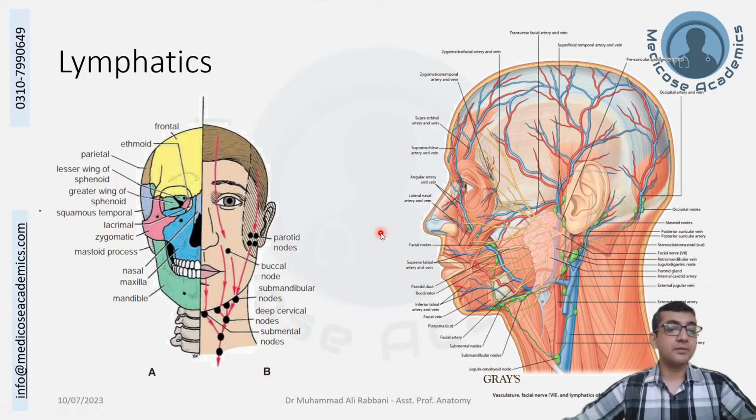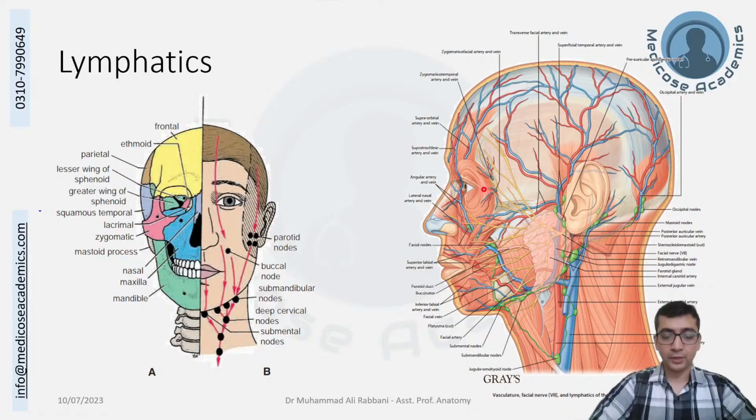Lymphatics we have discussed in the previous lecture, but one formula I wanted to discuss right here. We just discussed the facial artery. Let me draw the facial artery. It will be from this point to the angle of the mouth to this. So this is the facial artery, this line.